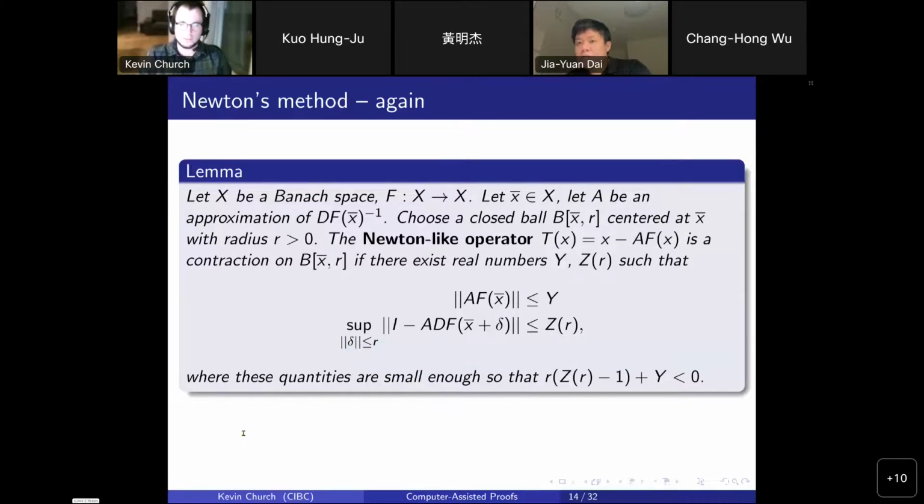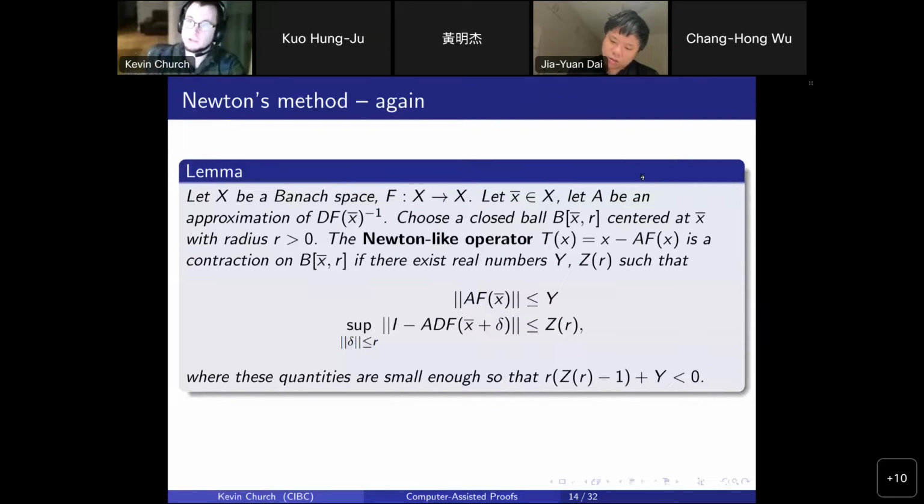We don't work with x minus the inverse of the derivative of f at x times f of x. We work with something called a Newton-like operator, where the inverse of the derivative is being replaced by some constant operator A that we choose. The idea is that this operator A should be an approximate inverse of the derivative at our approximate zero. Now, how we construct that is entirely up to us.